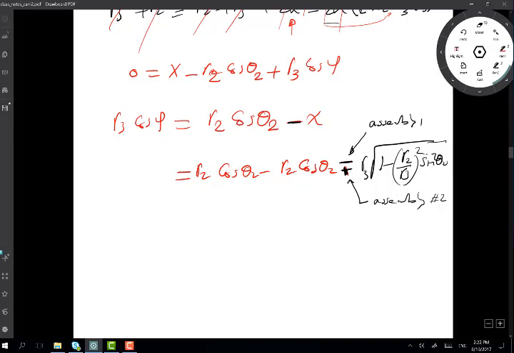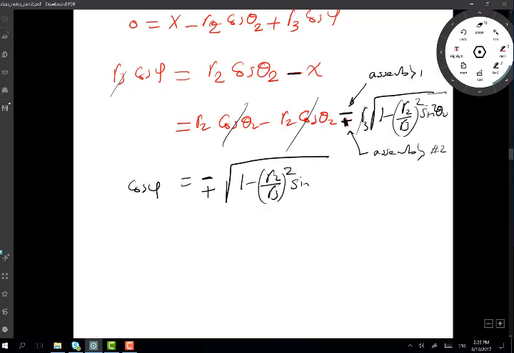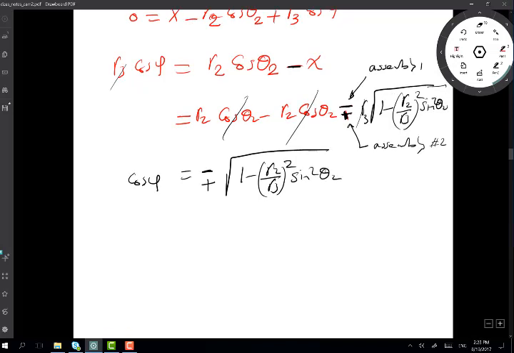Okay. So I'll just clean this a bit by canceling those. And R3 will cancel. So cosine phi is minus for assembly 1 and plus for assembly 2, and just here 1 minus R2 over R3 squared sine squared theta 2.